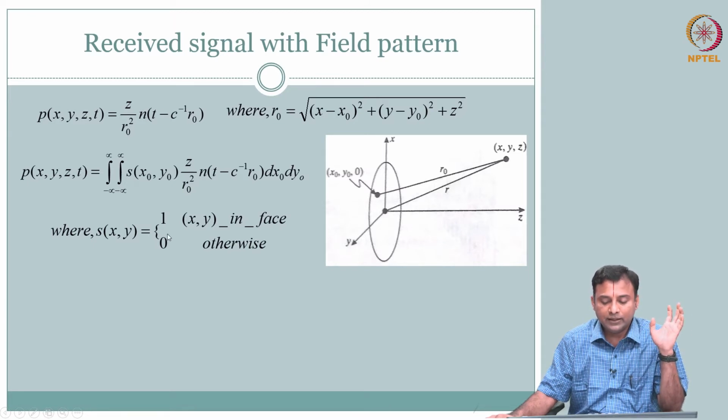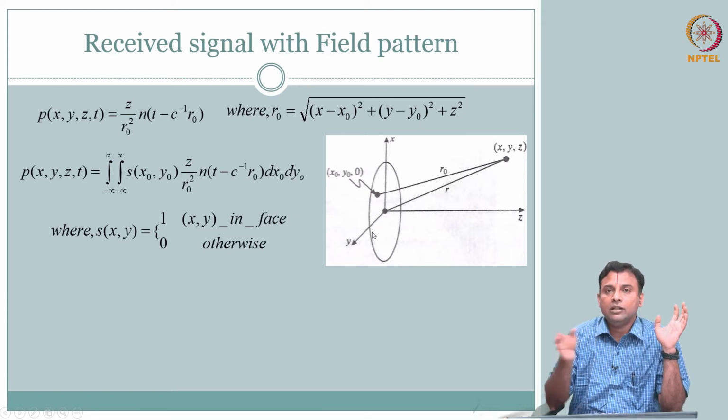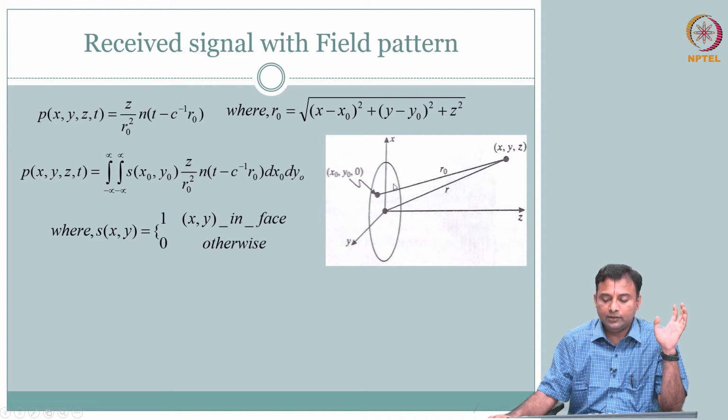So, here in this case you see S of x comma y is 1, so that it is a circle. So, you have the source, right, this is your source. What you receive here is from all the points in the source, that is what this integral is saying, very straightforward, right.